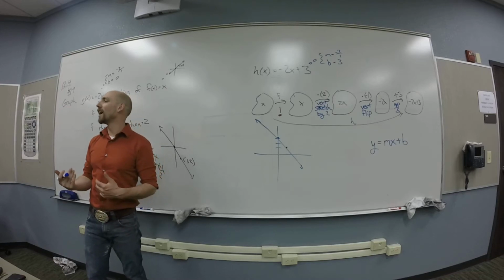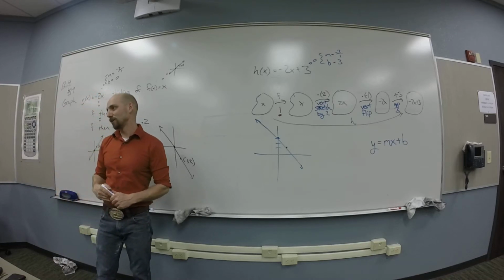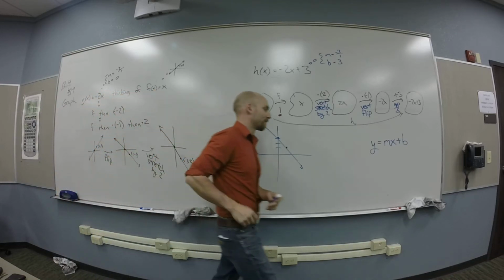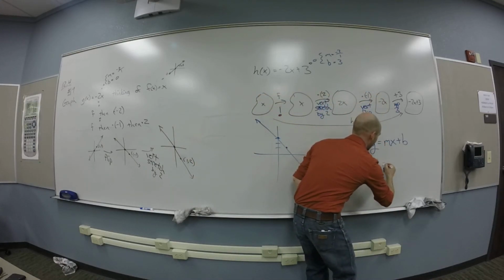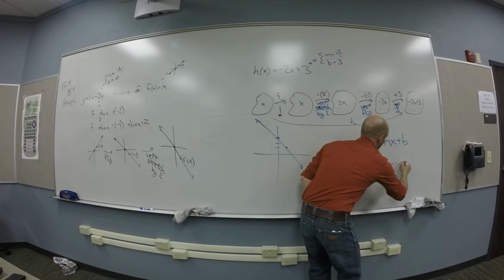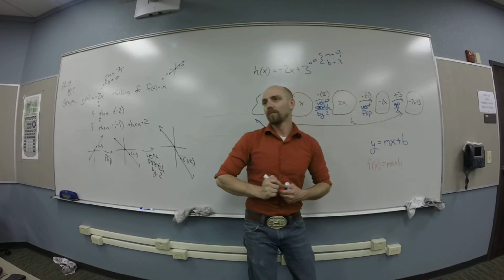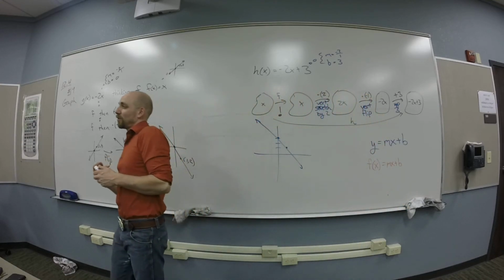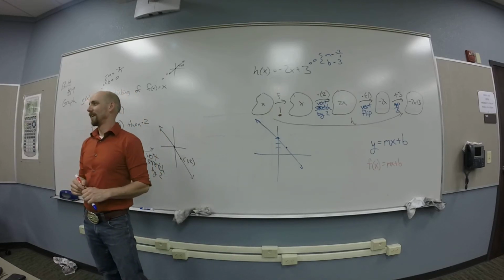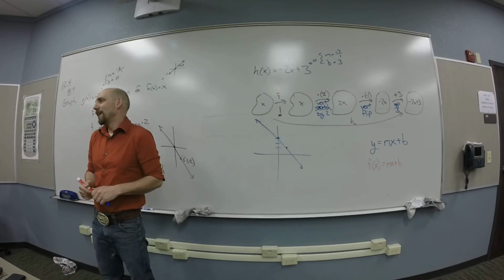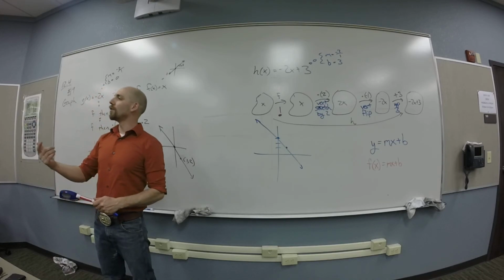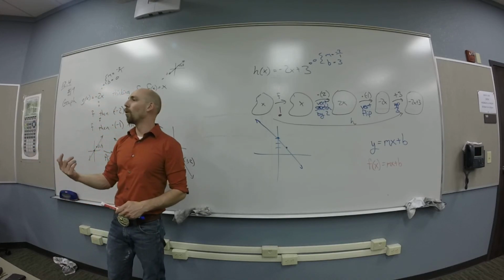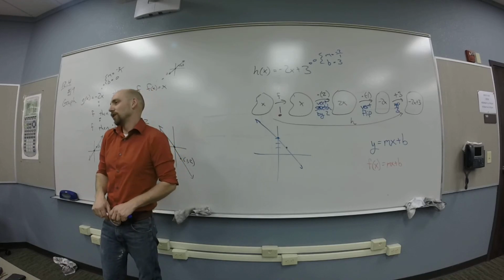So instead of saying y, I said f of x is mx plus b. What's the difference between these two things? I made it scarier by putting this f on there. I wanted you to think about rules instead of coordinates. So that's why we changed.